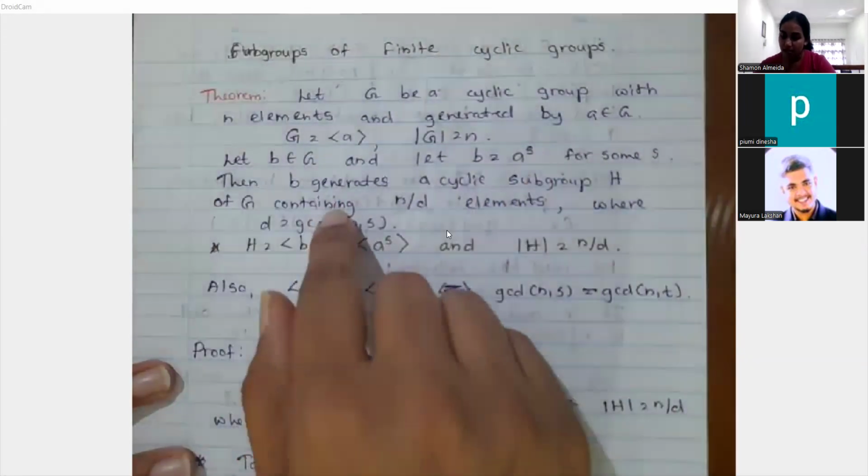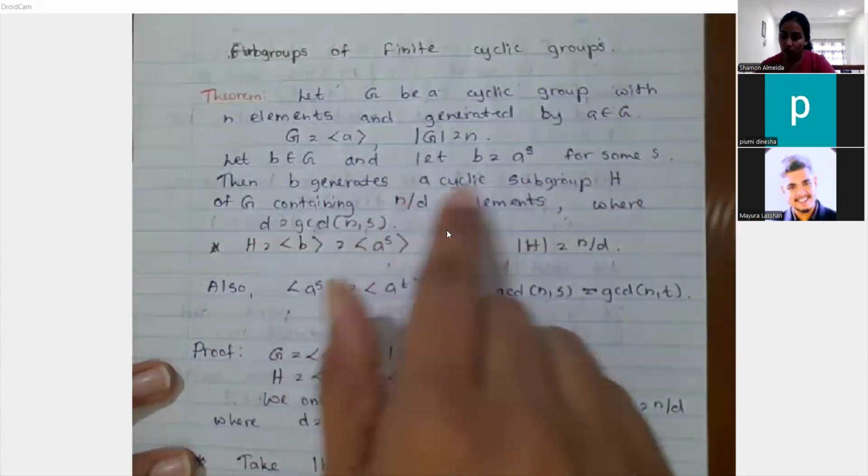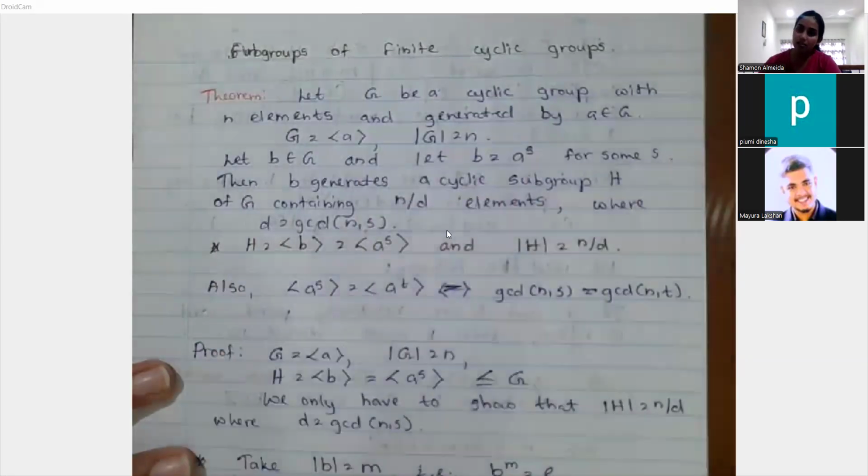Then B generates another cyclic subgroup H of G containing n over D elements, where D is the greatest common divisor of n and S, right?